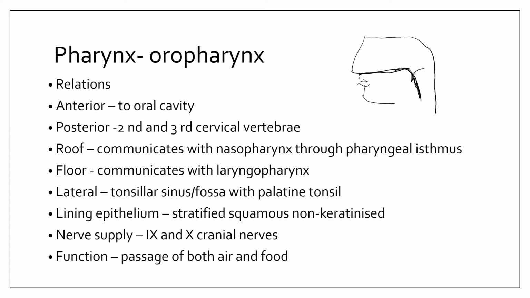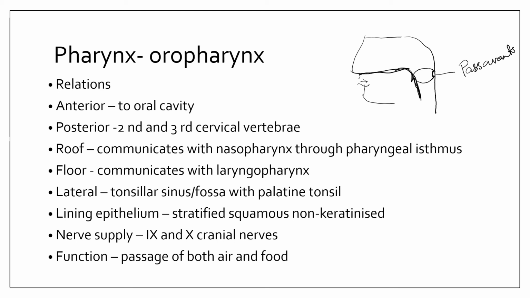When this fold forms few fibers which sweep backwards and form a raised ridge in the roof of the nasopharynx, that is called the Passavant's ridge. So, the nasopharyngeal isthmus, anteriorly it is bounded by the soft palate, posteriorly by the raised Passavant's ridge, and on either side the fibers of the palatopharyngeus muscles.